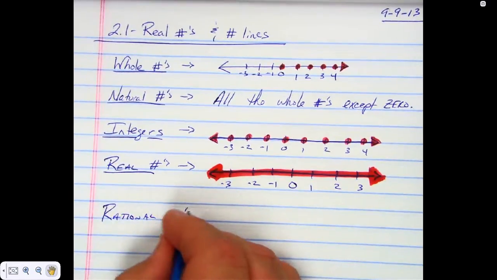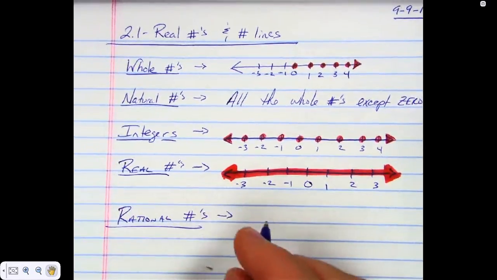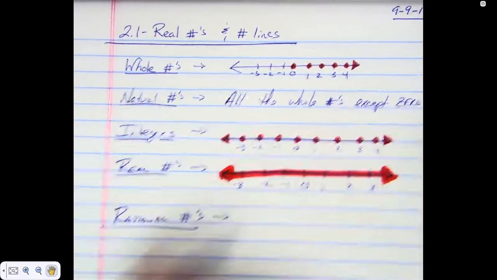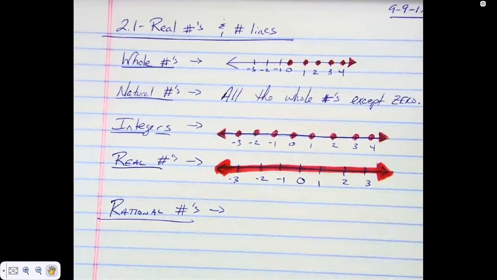Rational numbers. This is harder to write on a number line. You just have to define it.